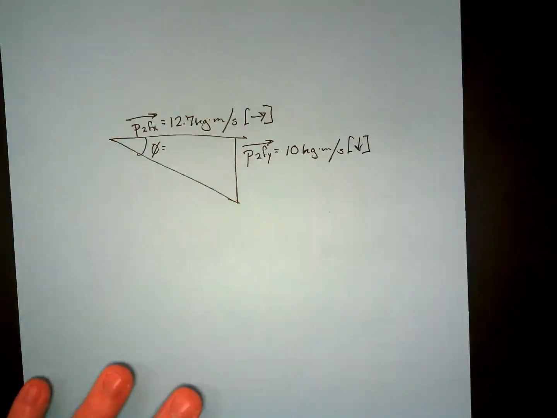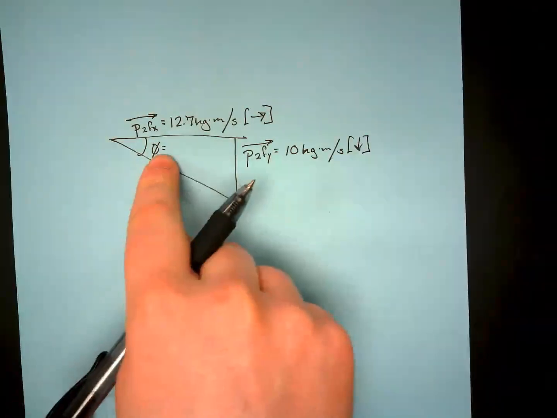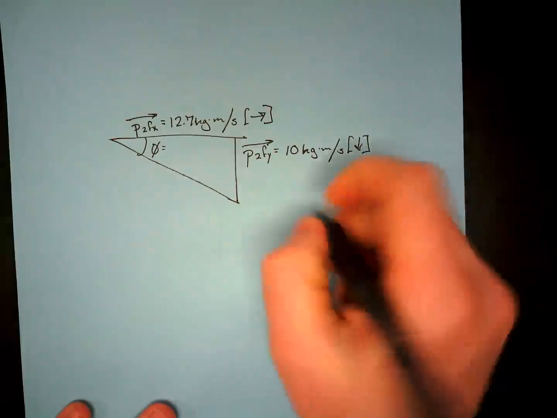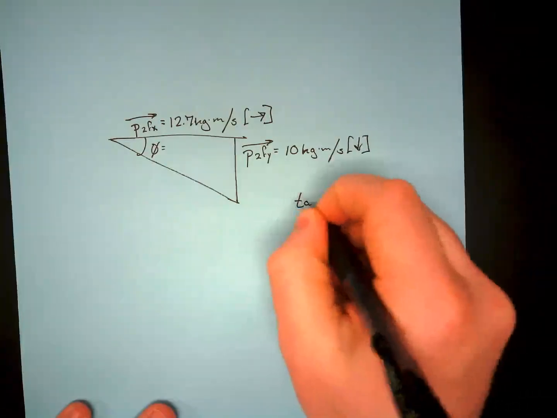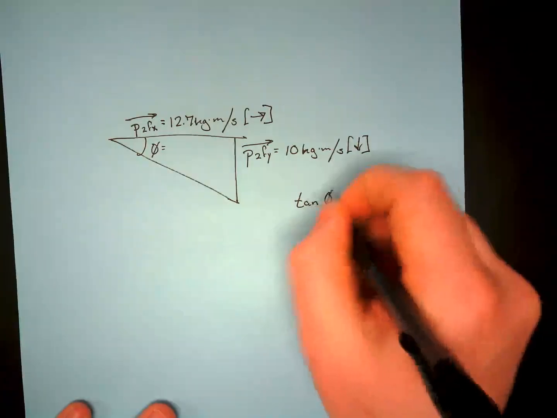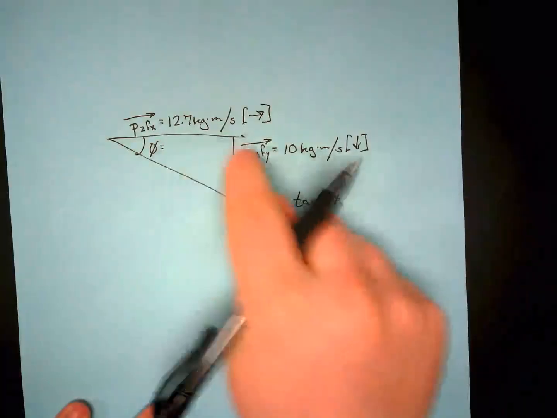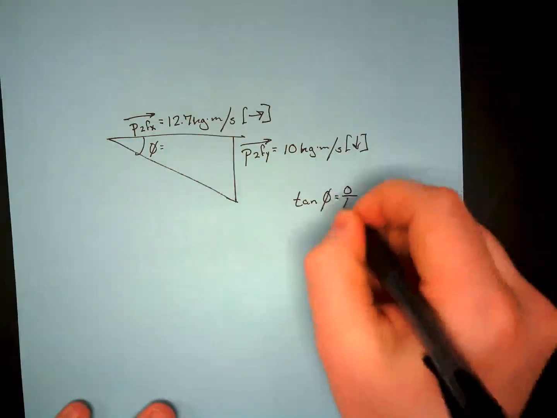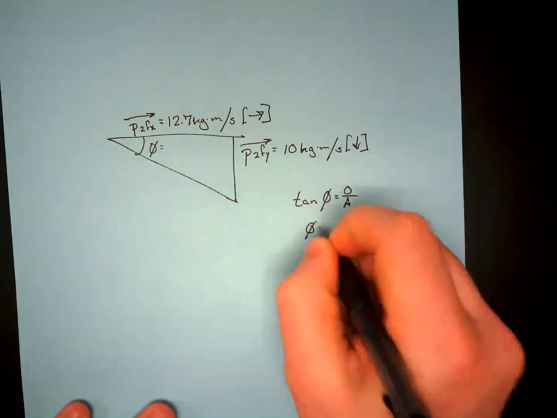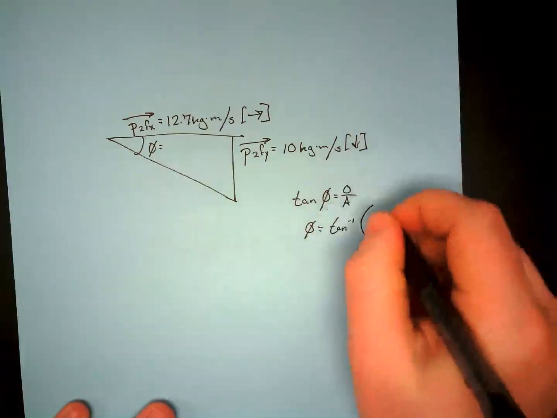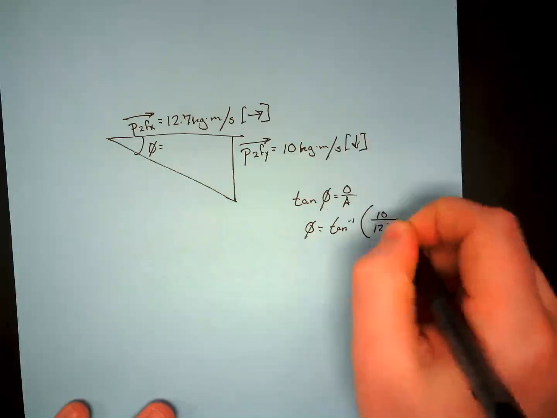Okay, so we should be able to see that we can use inverse tangent to find out phi here. The tangent of phi is going to be equal to just opposite over adjacent. So phi is equal to the inverse tangent of opposite, which is 10, over 12.7.